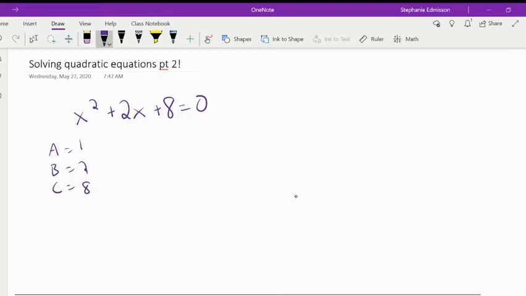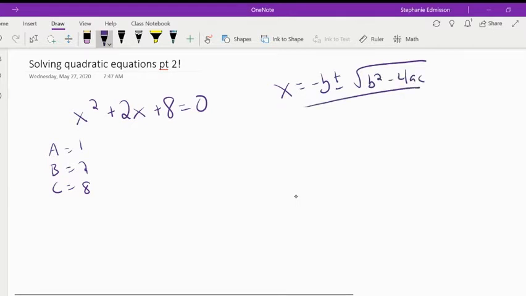So remember, the quadratic formula is x equals negative b plus or minus square root b squared minus 4ac all over 2a. Okay, and you should always sing it when you write it because I promise it really does help you remember it. So now all we do is we take our letters that we have over here and we plug them into our quadratic formula.